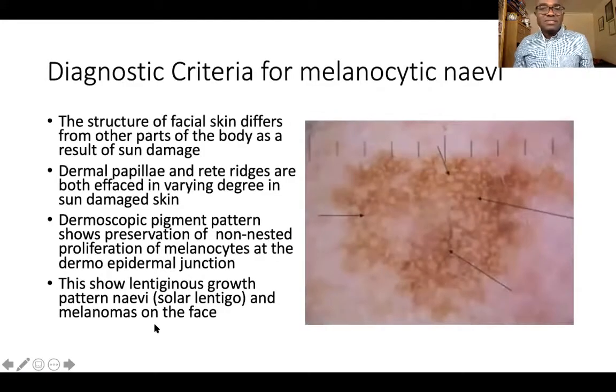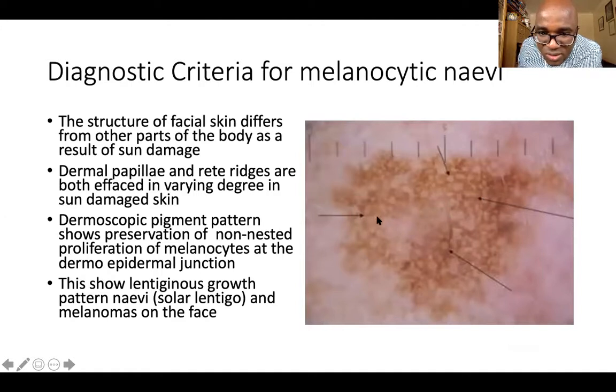Okay, so again, the structures of the face. It's really important to understand the diagnostic criteria of a melanocytic nevus. The structures of the facial skin, as I explained, because of sun damage, the dermal papillary and retinal ridges are both effaced in varying degree, and as a result of that, you get the pseudo network, which is what you see here.